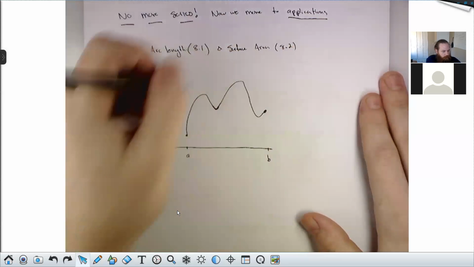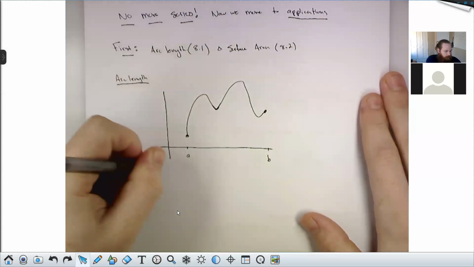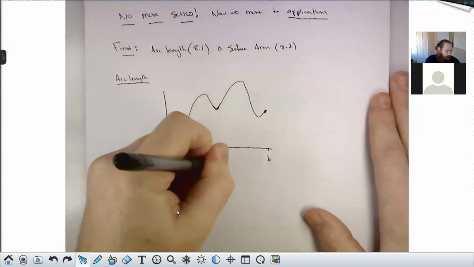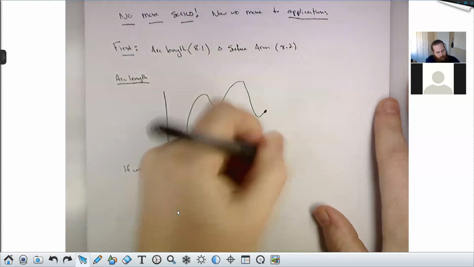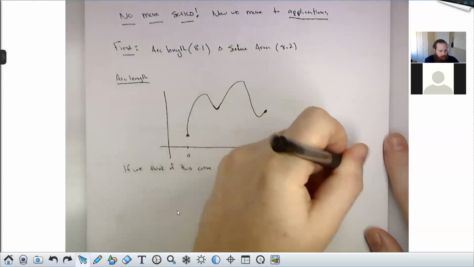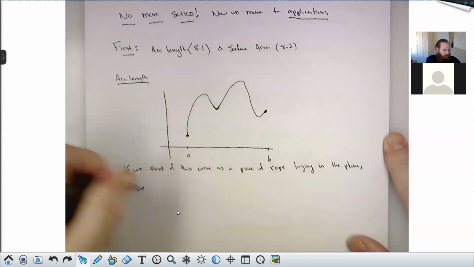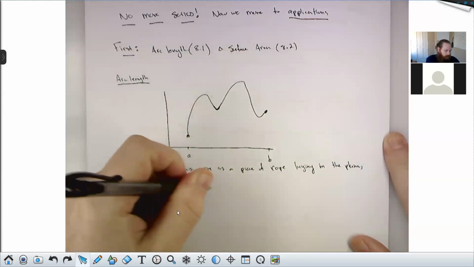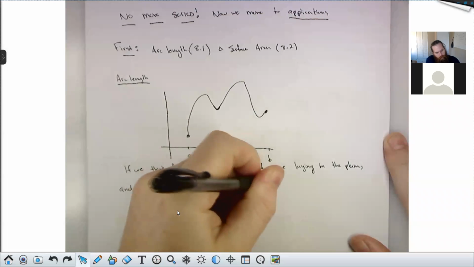How long is it? So if we think of this as a piece of rope laying in the plane, and we could stretch it out flat, how long would it be?